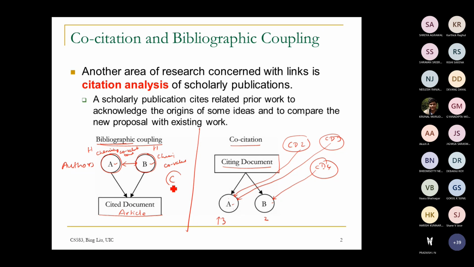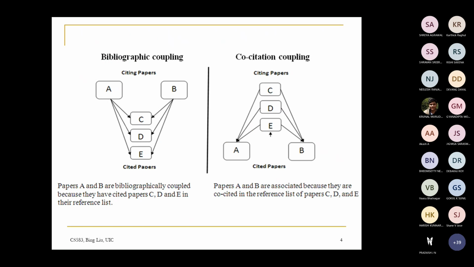I have another document also, which is citing the same article, which means these three authors are bibliographically coupled. Co-citation means you see the incoming links to the authors. Outgoing links from the author and incoming links to the author will lead you to understand what co-citation is. So in bibliographic coupling, you just look into the outlinks.